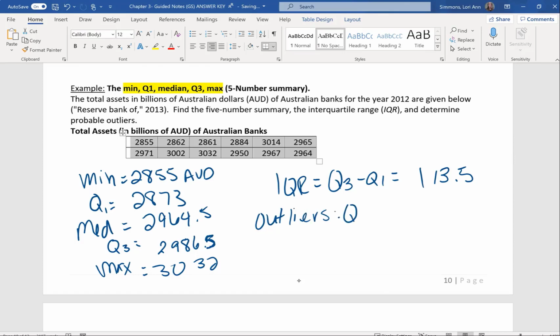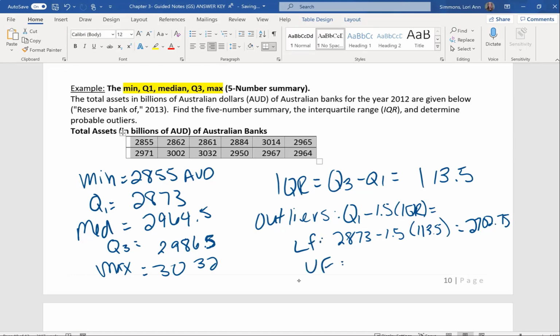Remember, outlier for the lower fence is Q1 minus 1.5 times the IQR. So I'm just going to do this one with you. So quartile 1 minus 1.5, and the IQR is 113.5. So you put that in your calculator, you get 2702.75. That's your lower fence.